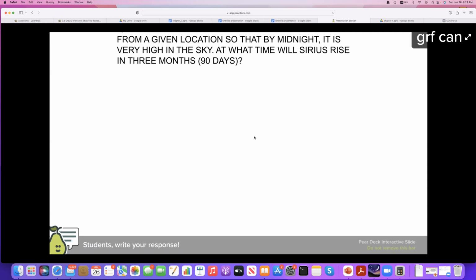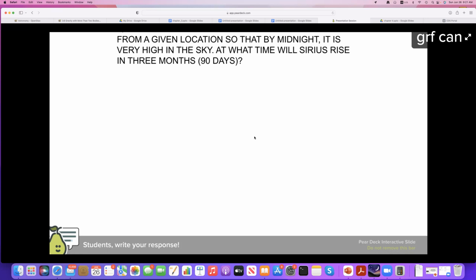So let's say you are at home and you see that the star Sirius rises from the eastern horizon at 7 p.m. So that's what you have to assume.